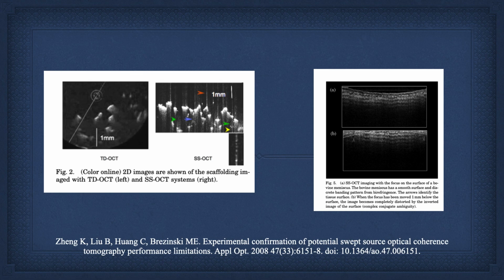Head to head, we have seen TD-OCT, if everything is optimized equally, being superior in terms of imaging quality, not speed, to SS-OCT. And on the right, if you've ever worked with an SS-OCT system, you know that if you're out of focus, you get a wraparound, like a fold over of the image on top of itself.